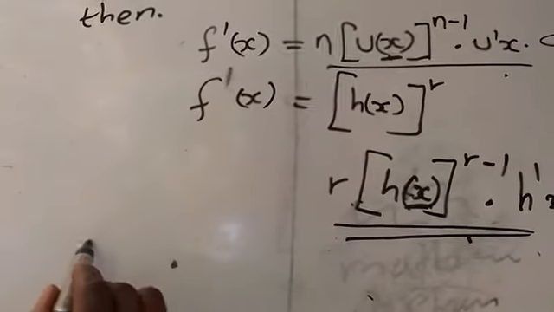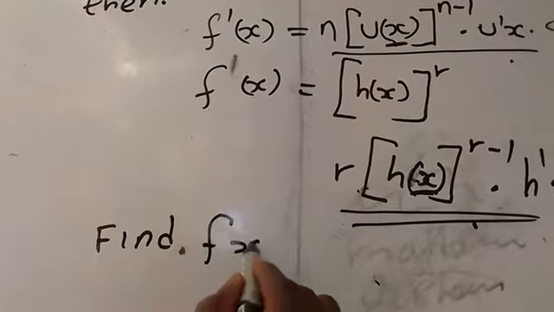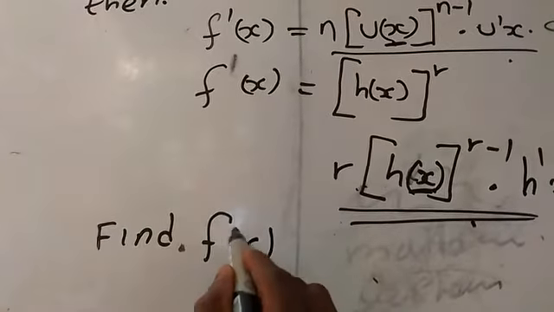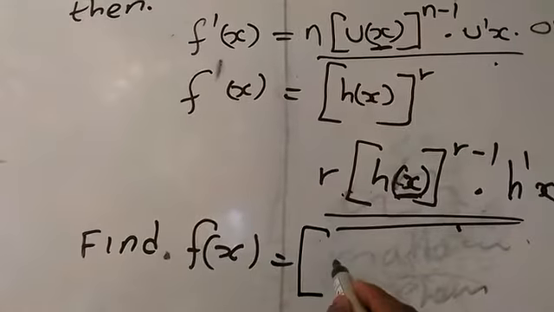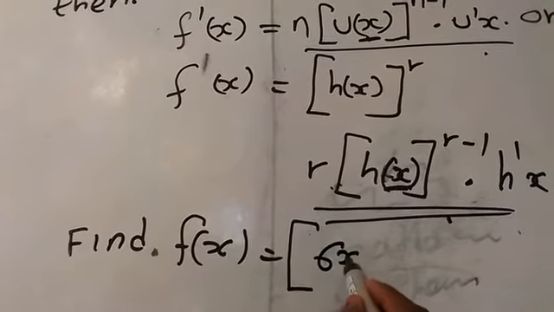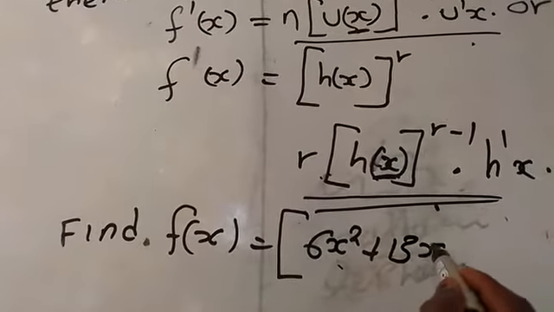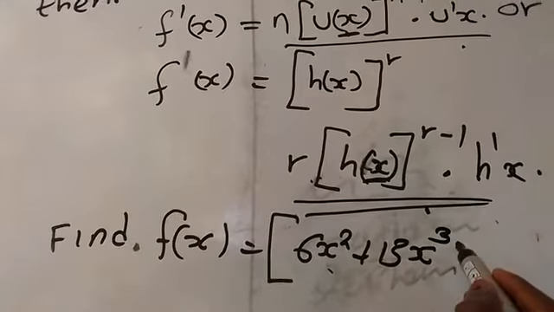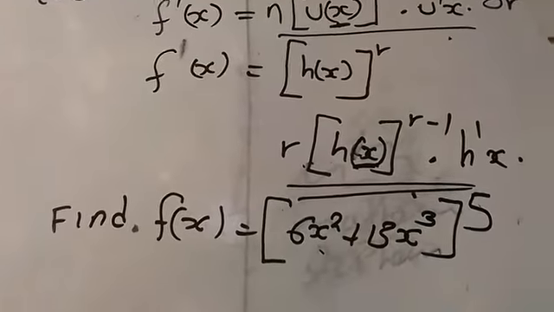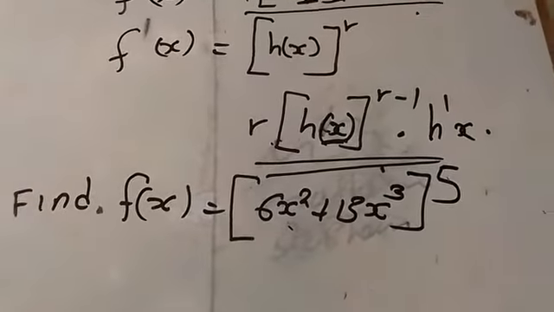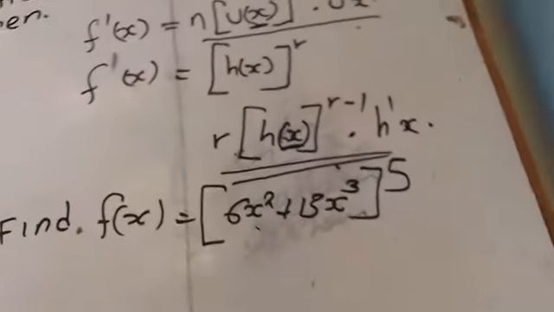For example, find f of x equals 6x squared plus 13x cubed, raised to 5. So for this equation we shall make use of this formula.